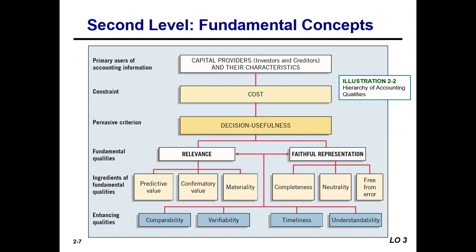Completeness just being that all the information that is necessary for faithful representation is provided, so it's complete. Neutrality being that the company cannot select information to favor one set of interested parties over another. Financial statements should be prepared objectively, not subjectively, right?